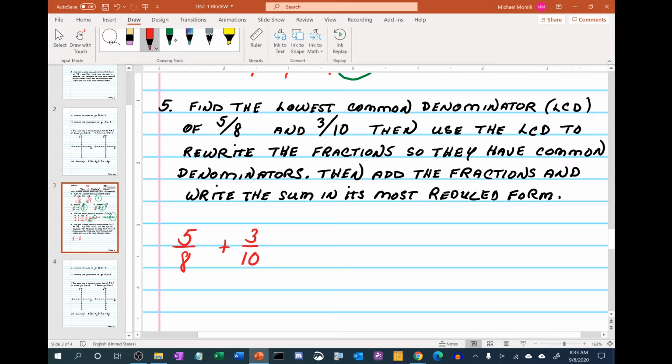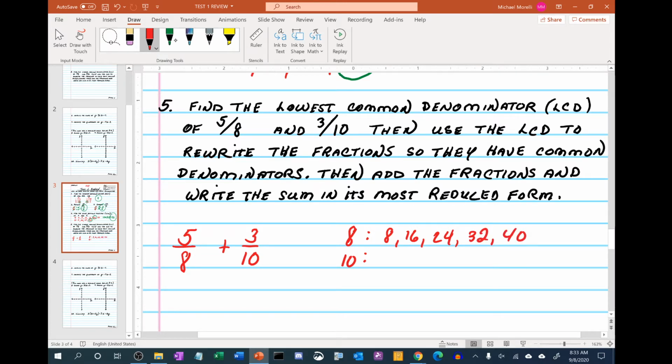If you were to sit there and go 8, 16, 24, 32, 40. What we could do here is write down 8, write down 10, and start doing the LCM again. 8, 16, 24, 32, 40.